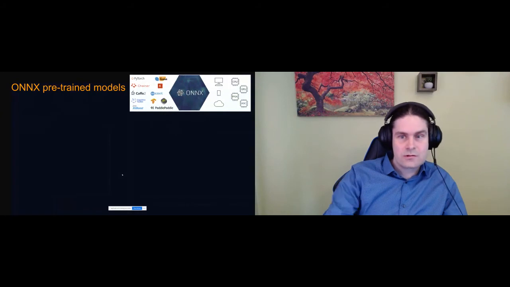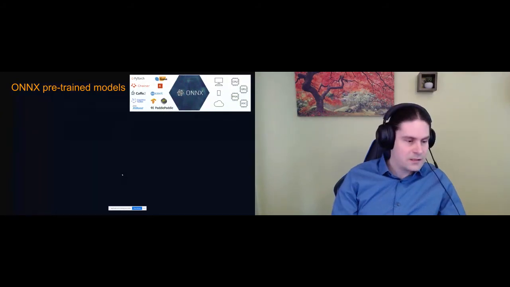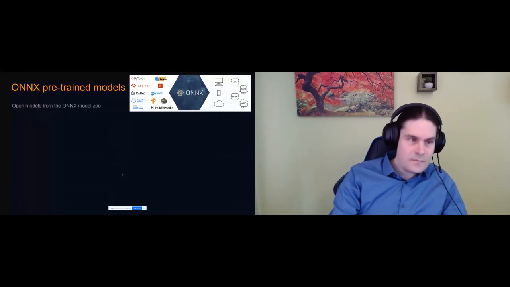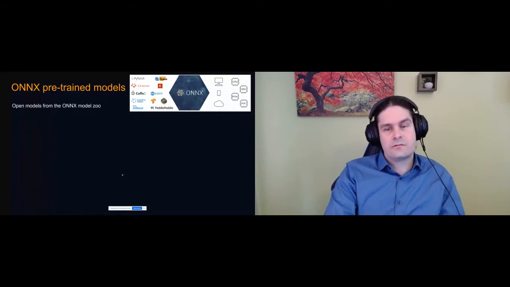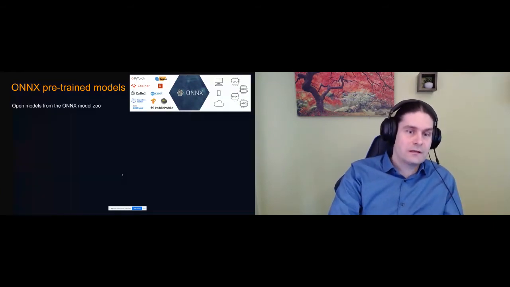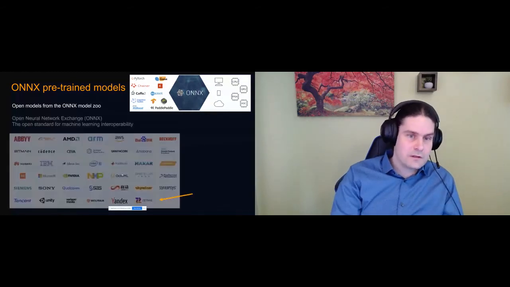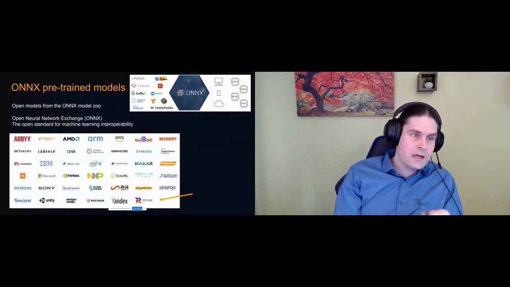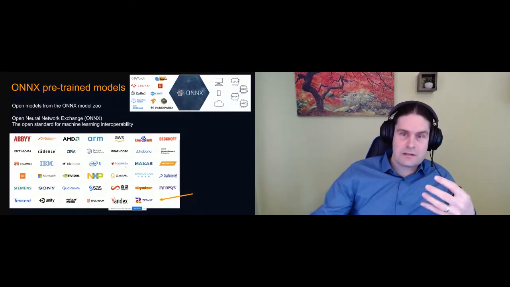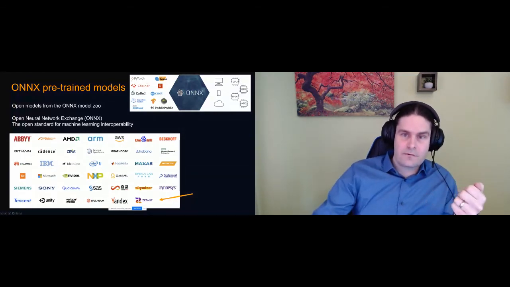Just so some people might not be familiar with ONNX, for us it's about opening them, and you can download them from the ONNX Model Zoo. It's an open neural network exchange. You can see here all the frameworks that convert to ONNX.